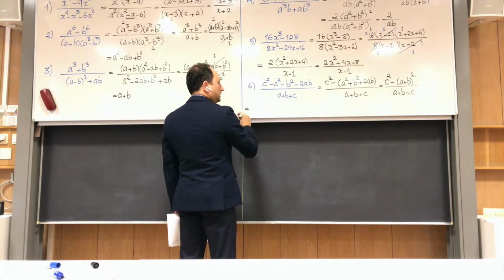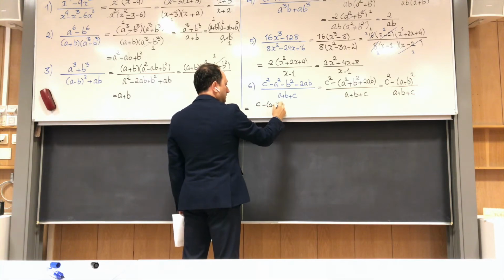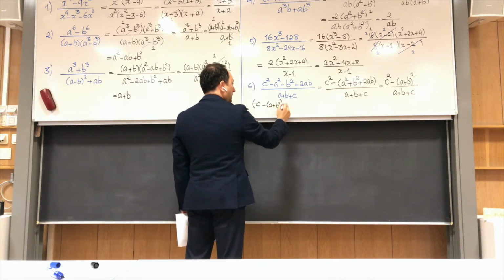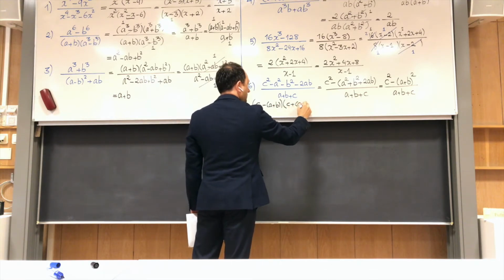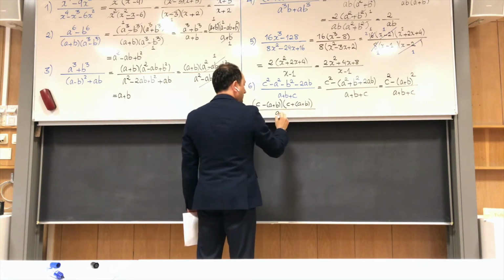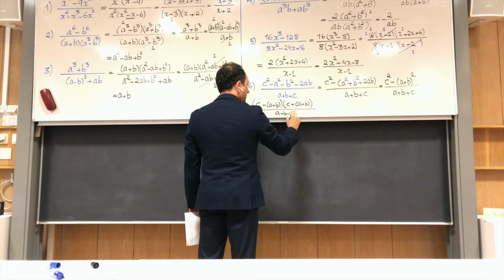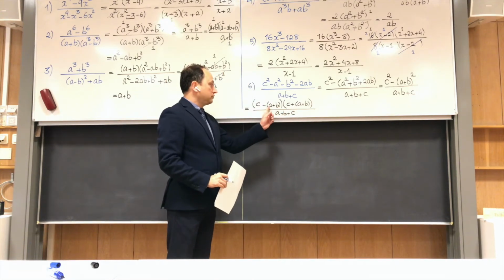So then what I can write is, let me start from here: the square root of the first one minus the square root of the second one, multiplied by the square root of the first one plus the square root of the second one, divided by the denominator as before. Okay? So now you see that I should, in principle, be able to remove these brackets.